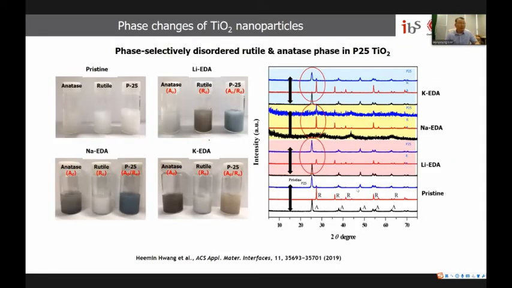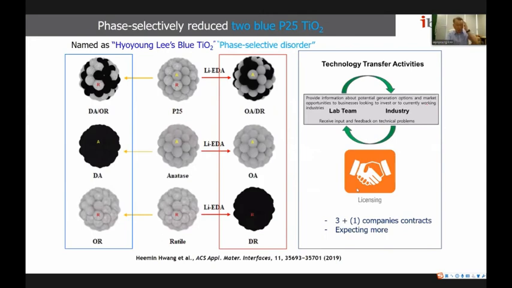So this happened as we expected. With sodium, the anatase phase is changed, but not the rutile phase. In addition, also potassium. But it took us so long, about 3 years to have this achievement after the first finding.